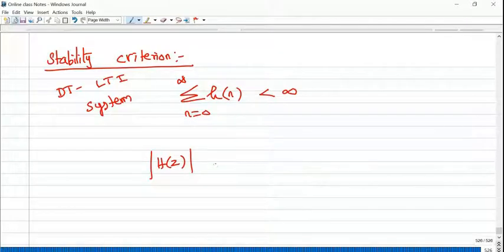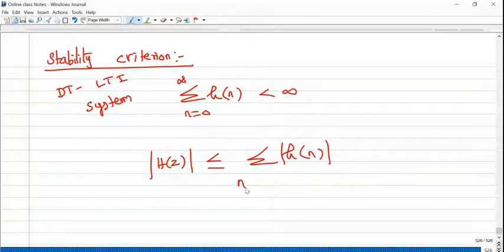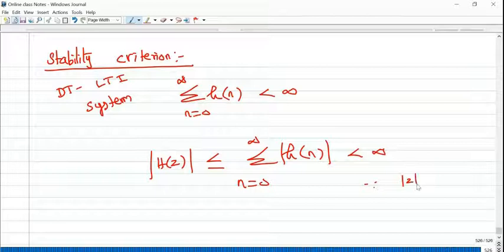Find out H of z. The summation should be less than infinity, which is equivalent to modulus z equal to 1, the unity circle.